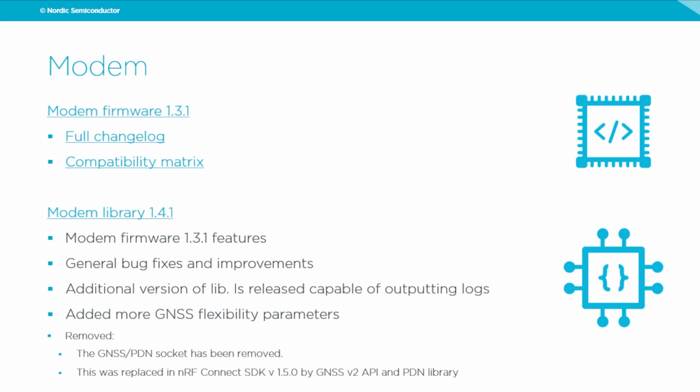And we have also added some more GNSS flexibility parameters. And we have also removed the GNSS and PDN socket, which was replaced in the SDK version 1.5.0 by the GNSS version 2 API and PDN library. Now they are completely removed because they are deprecated.